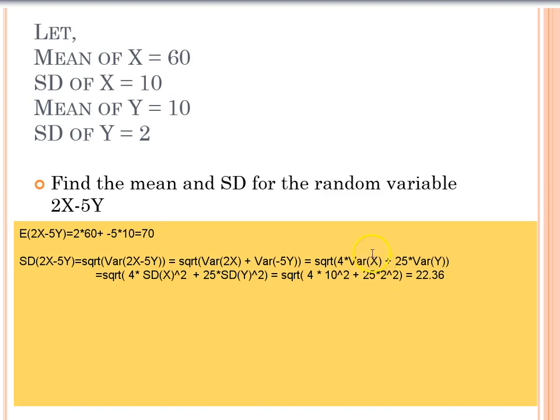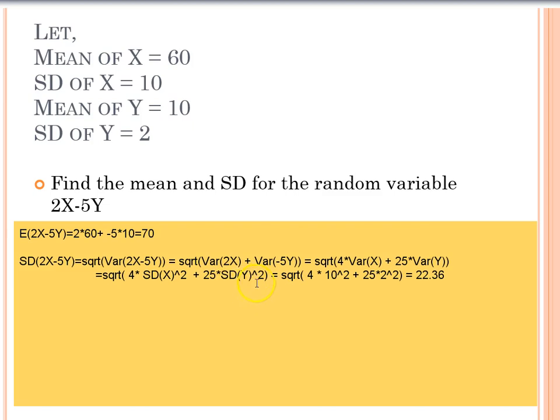So now we've got the variance of x and the variance of y separated out, but the problem gives us standard deviation of x and standard deviation of y. So we want to use the property that the variance is the standard deviation squared. So we can simply put in the standard deviation of x squared in place of the variance of x.